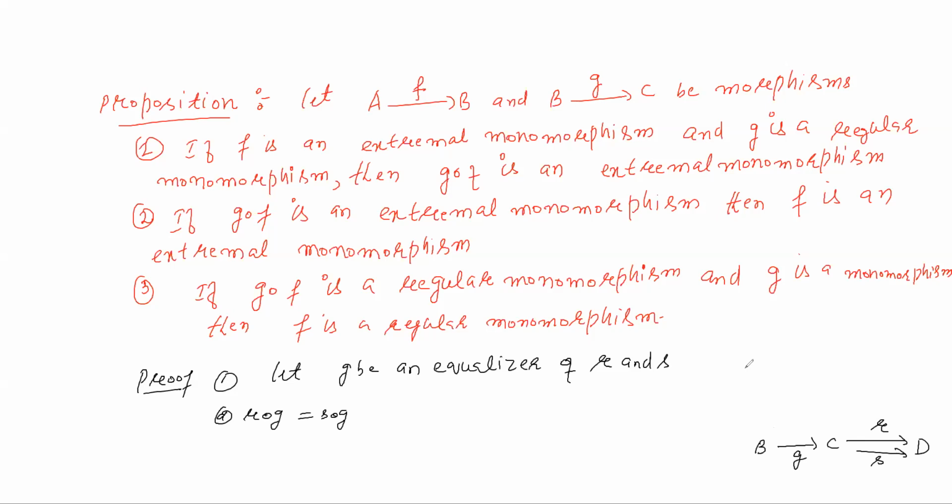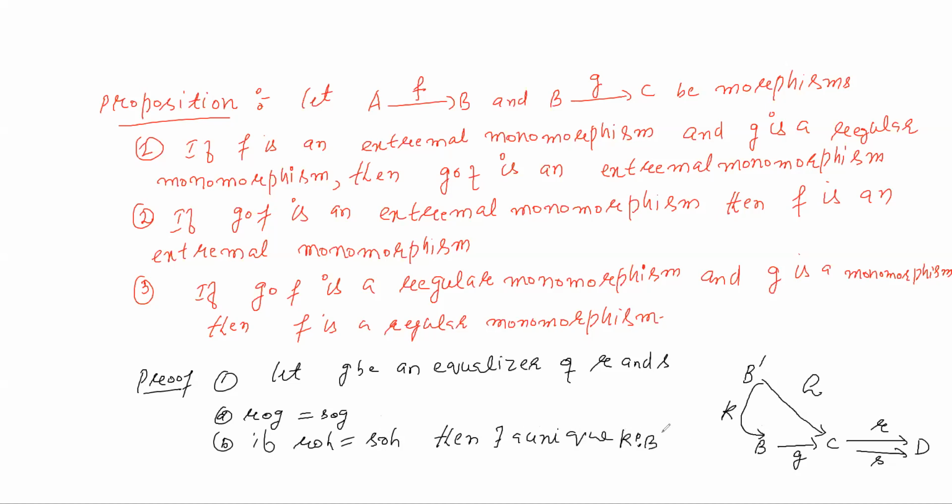And if you have some object B dash, and h from B dash to C such that r composition h is equal to s composition h, then there exists a unique morphism k from B dash to B such that g composition k is h.